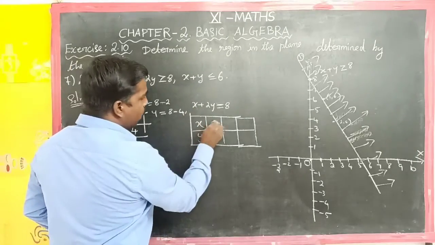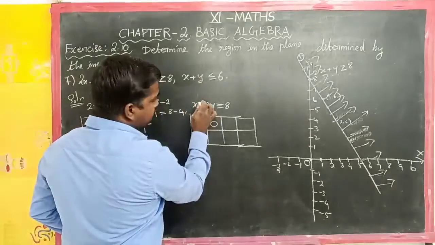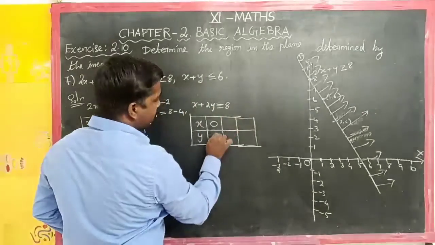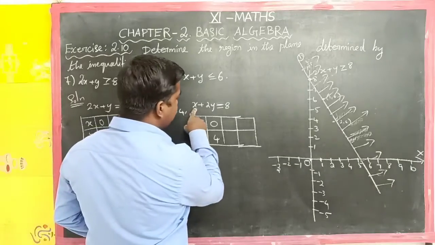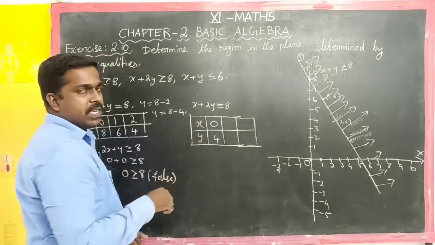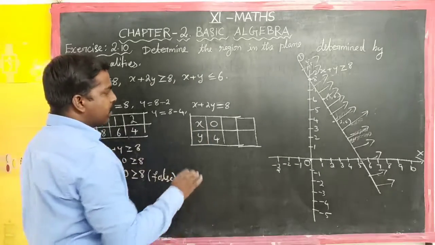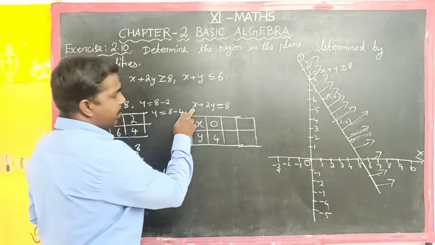If you put 0, 2y is equal to 8, then we can cancel 2 here, 1 2s are 2, 4 2s are 8, so we will get 4. Next if you substitute 1, it becomes 8 minus 1 is 7, 7 divided by 2, so we will get a fractional value. To avoid the fractional values, we can take some multiple of 2, that means even numbers.